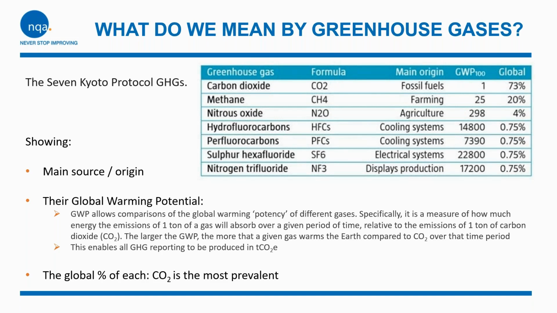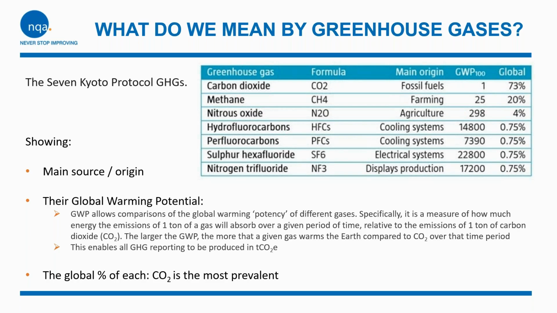And the table there shows what those greenhouse gases are. So we have carbon dioxide, which I'm sure we're all familiar with, but we need also to be aware of methane, nitrous oxide, HFCs (hydrofluorocarbons), PFCs (perfluorocarbons), sulfur hexafluoride and nitrogen trifluoride. Those are also greenhouse gases as well as carbon dioxide.